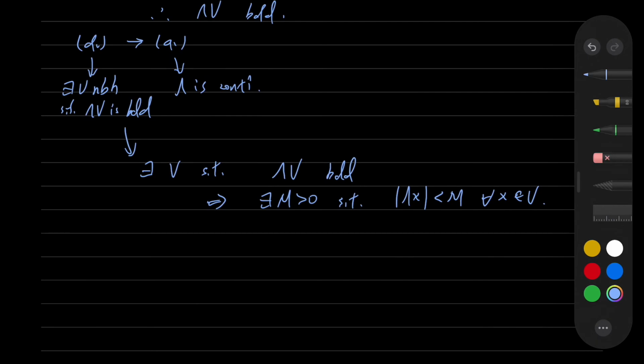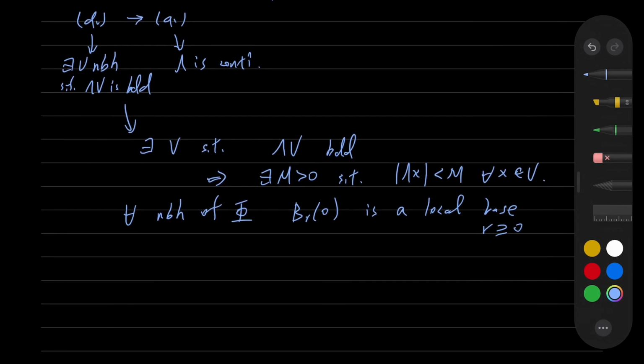Now, by the definition of continuity, for any neighborhood of the scalar field, because the balls B(R, 0) form a local base for R larger than 0, we can just take any R bigger than 0 and find a neighborhood W such that lambda W lies inside this ball B(R, 0).